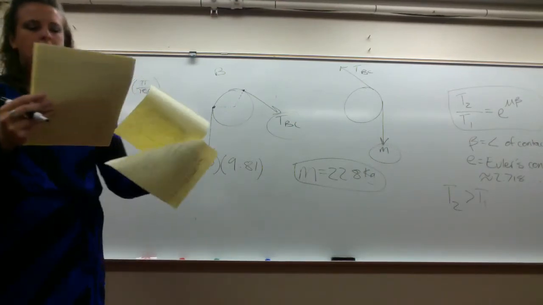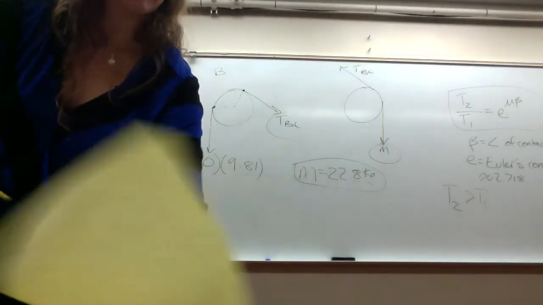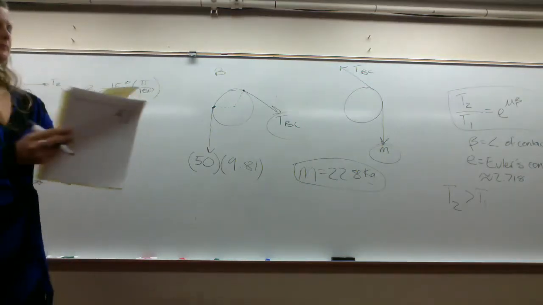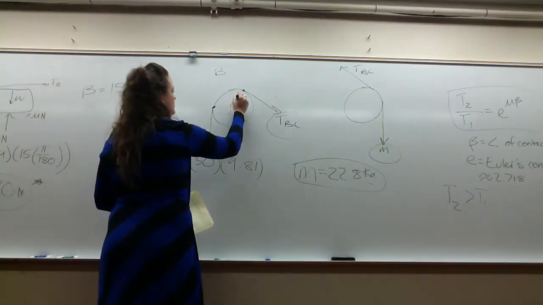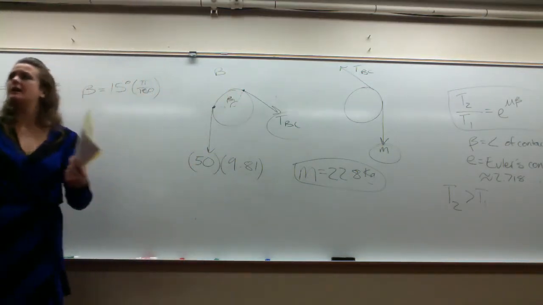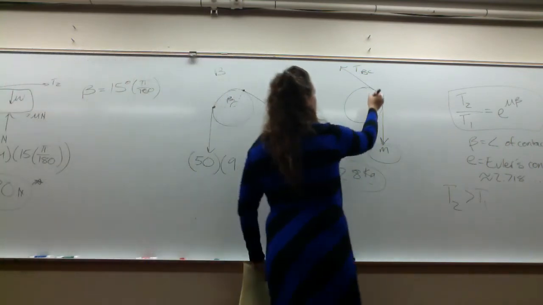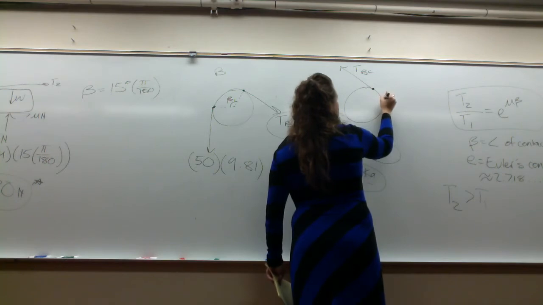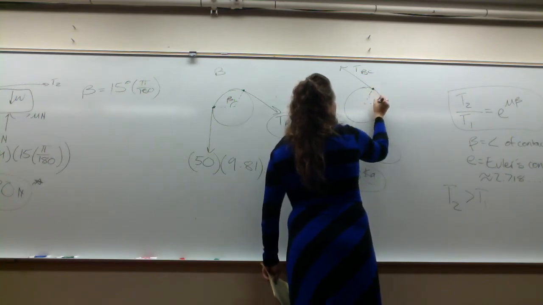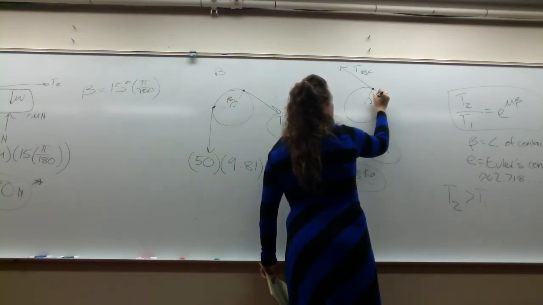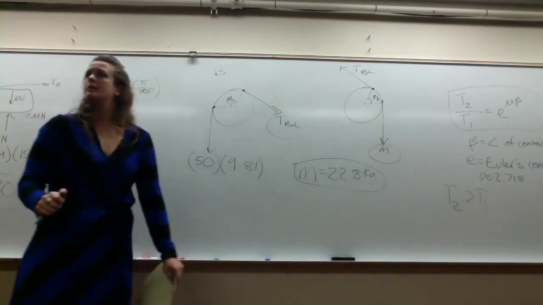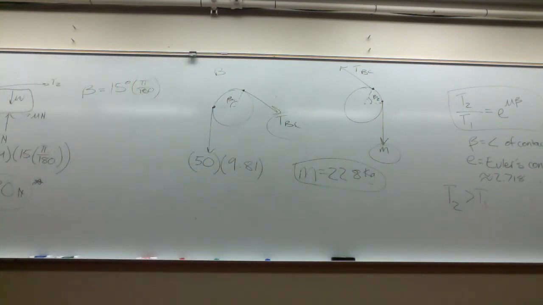Okay, we have some beta angle there, and then you have an acute angle between your points of contact on pulley A. So it's always the angle between the points of contact. Does that make sense?